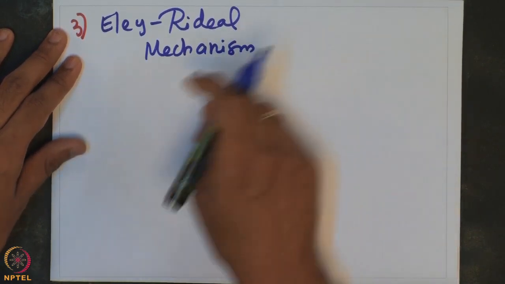This is a very special case where there may be a situation where one species is adsorbed onto the catalyst site, and there may be another species which is present in the gas phase and not adsorbed onto the catalyst site, and the species adsorbed onto the catalyst site might react with the species which is present in the gas phase in order to form the necessary products. So this kind of a mechanism is very different from what we saw in the earlier case of single site and dual site, where in each of these cases all the reacting species are actually adsorbed onto the active sites. So let us see how this works.